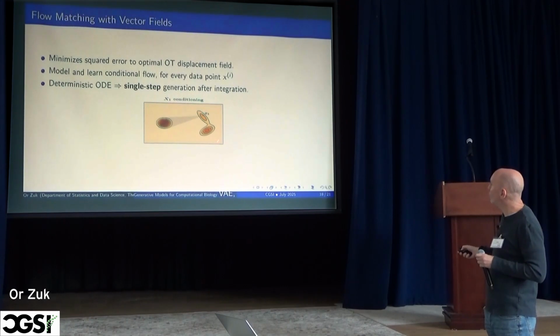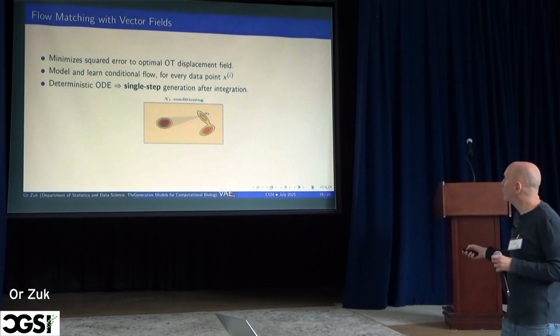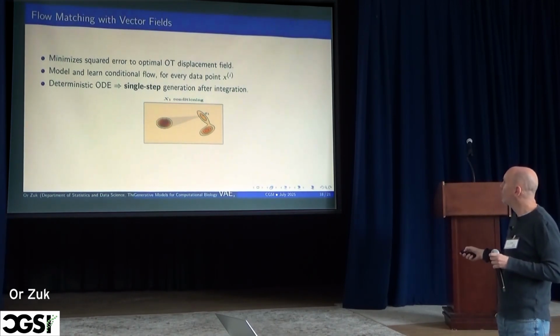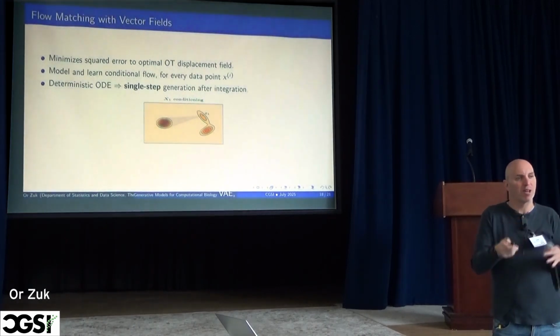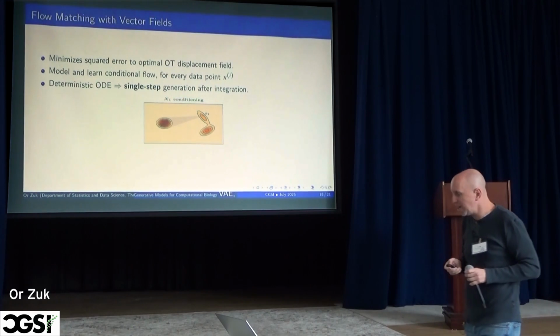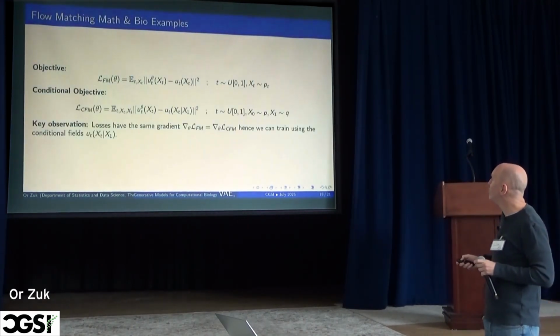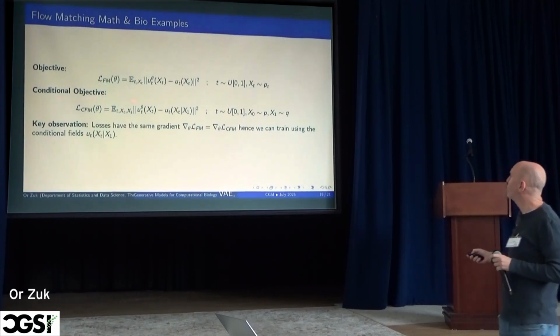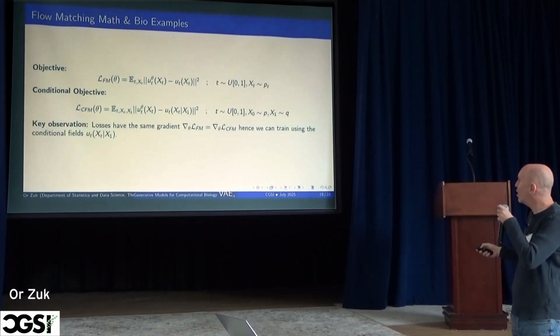Instead of trying to learn the distribution here in a parametric way, we do it for each data point, for each sample from our sample set. We learn a conditional flow, and then our marginal flow will just follow by integrating over all of our samples. So these are also the key ideas behind flow matching that make it distinct from diffusion models. We have this conditional objective, which is just for one data point, and we have this objective, which is for the entire set of samples.